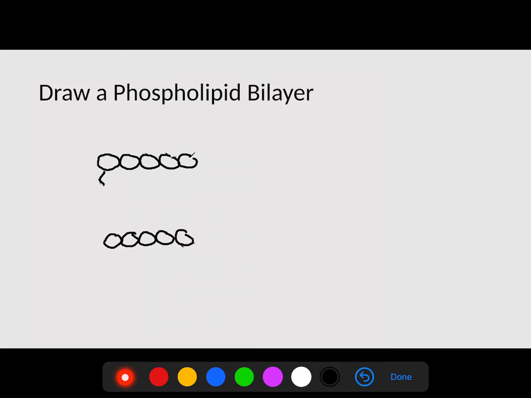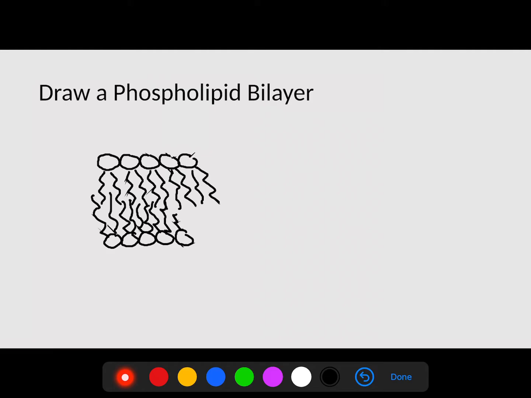Now, associated on the inside, we're going to have our fatty acid tails, each one of which has two fatty acid tails that are associated on the inside of the plasma membrane. So these tails will not ever come in contact with water because it could potentially be very, very bad for the plasma membrane.